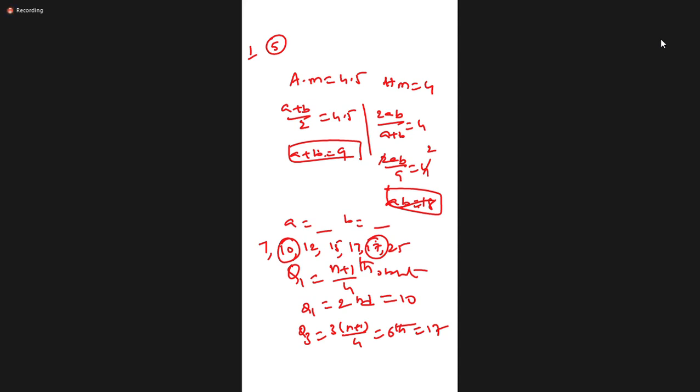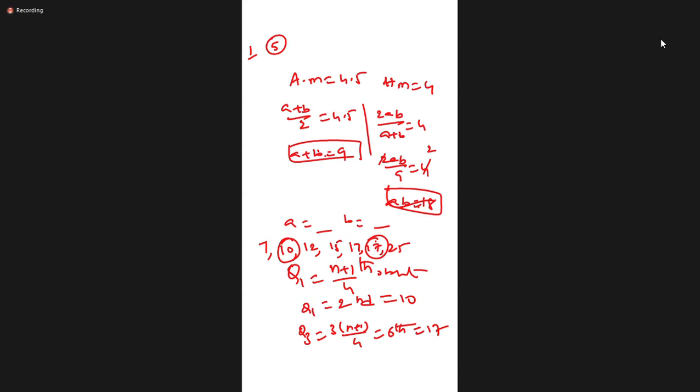Next. 12th question. Standard deviation of the observations 0, 1, 2, 3 up to 9 is K. Then standard deviation of 10, 11, 12, up to 19. That means they are adding 10 to the observations. 0 to 9, every number added by 10.